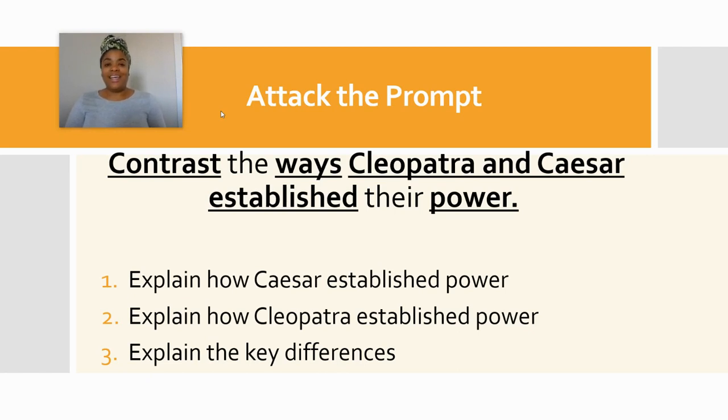And 3, explain the key differences. That comes in with the contrast. Again, 3 is explain the key differences. I want you to make sure that you write down all 3 steps. As we complete each step, we're going to put a check mark beside it.